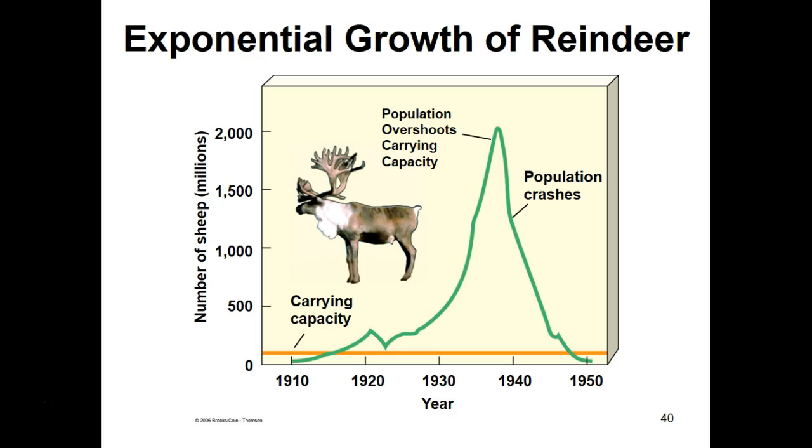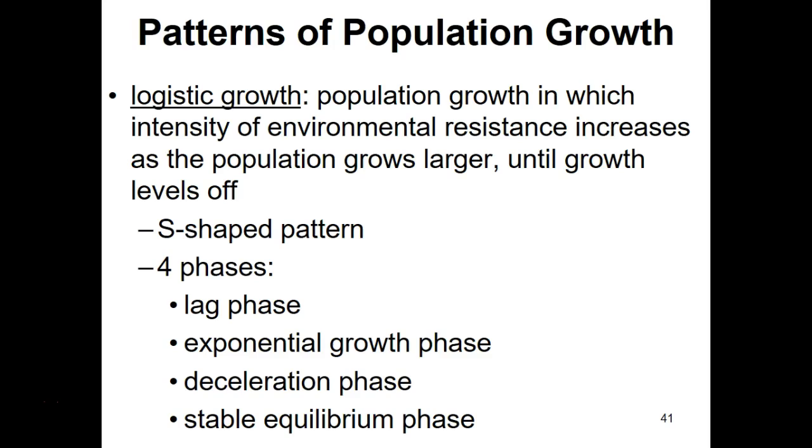The carrying capacity is the number of organisms that the population can handle. Anytime you overshoot that, you're going to have a population crash where the organisms are going to die out very rapidly.